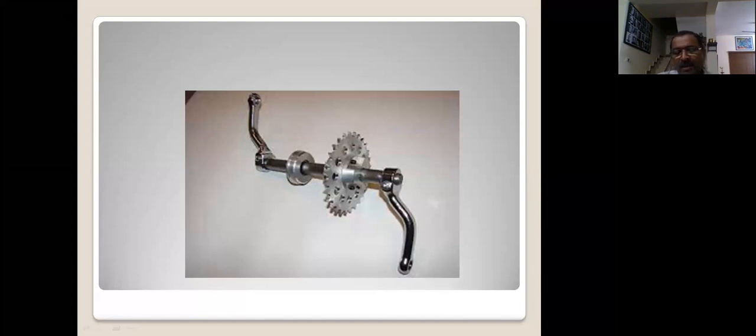So such small units will be connected together, and a large crankshaft will be made by joining together these pieces. Satish, next.